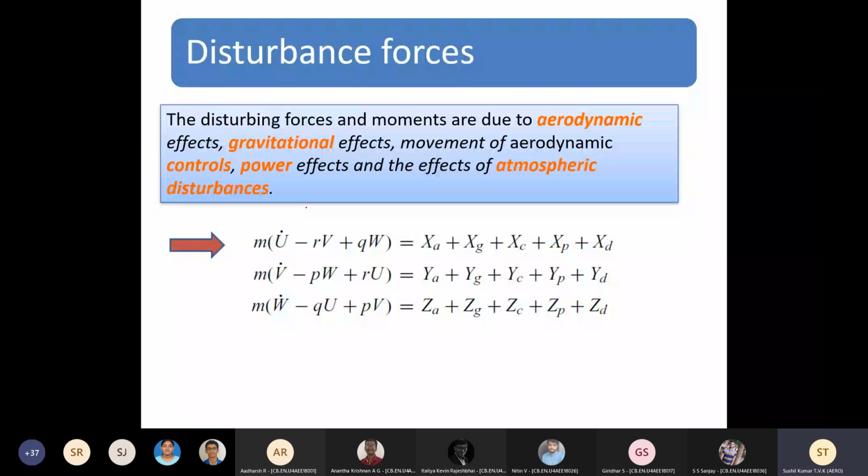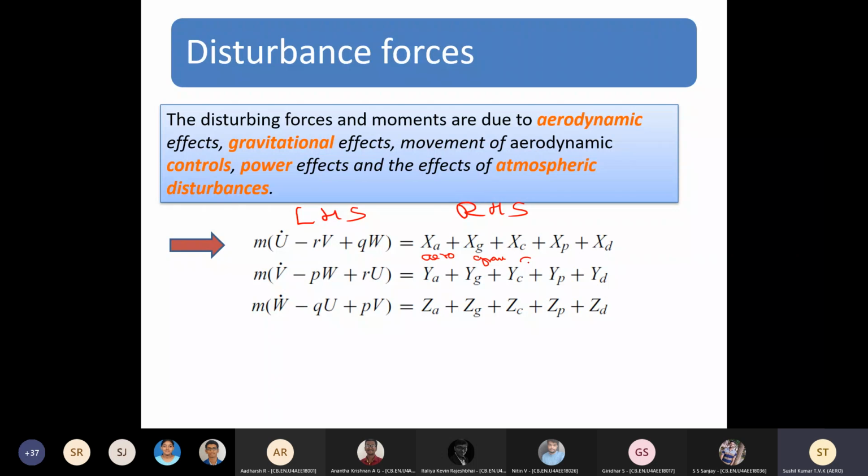Now, this is the left hand side, and the right hand side is going to be again complicated, because it's not just one force X, it is going to be due to different reasons. One is aerodynamic. Second, you have gravitational.